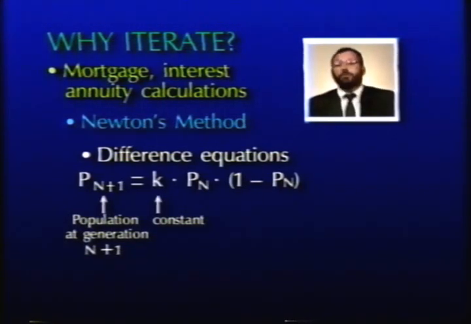In fact, the population at generation n plus 1 is given simply as a constant times the previous generation's population times 1 minus the previous generation's population. That is to say, we can determine the population in succeeding generations just by iterating the simple mathematical expression on the right.